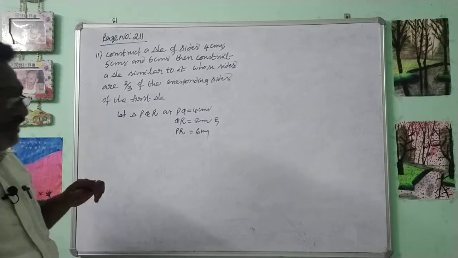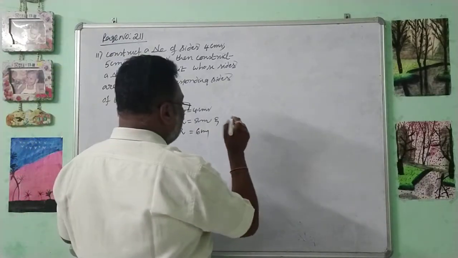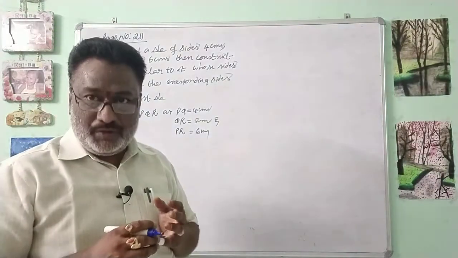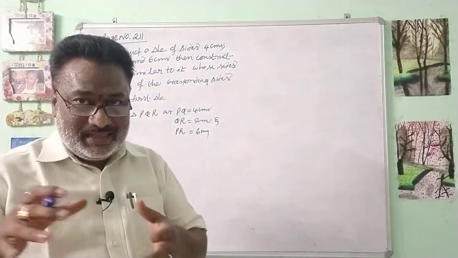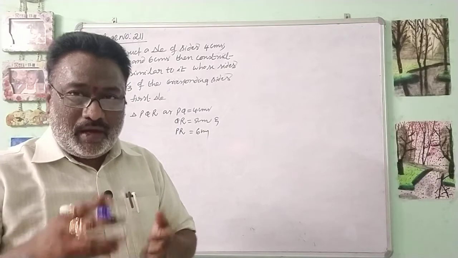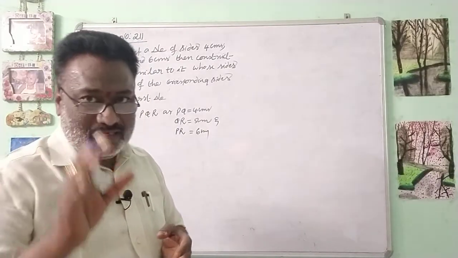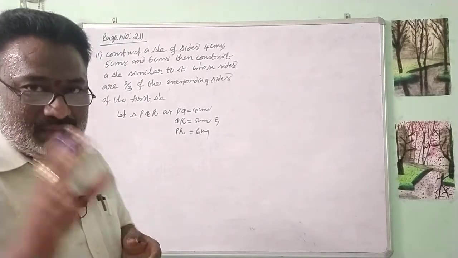That's all. Now listen to me. By using a scale only we need to draw this triangle, but it is not possible for me to draw on the board by taking the scale. That's why I am drawing an approximate figure, but you need to draw yourself in your notebook the exact figure by using the scale only. Remember that thing.